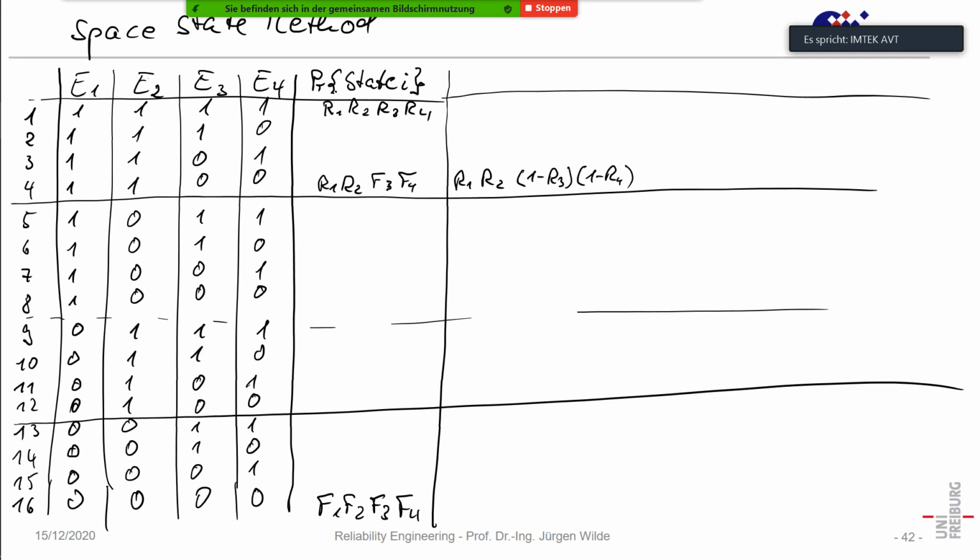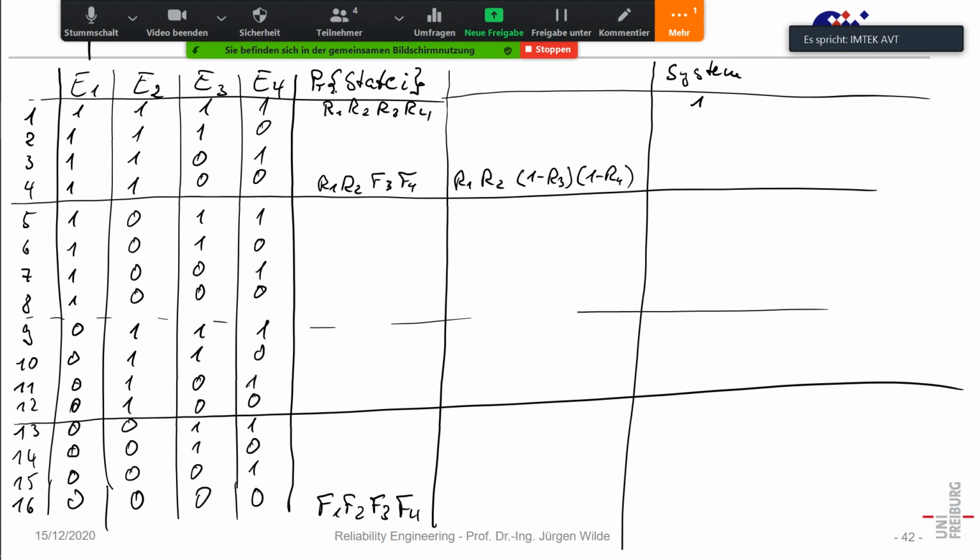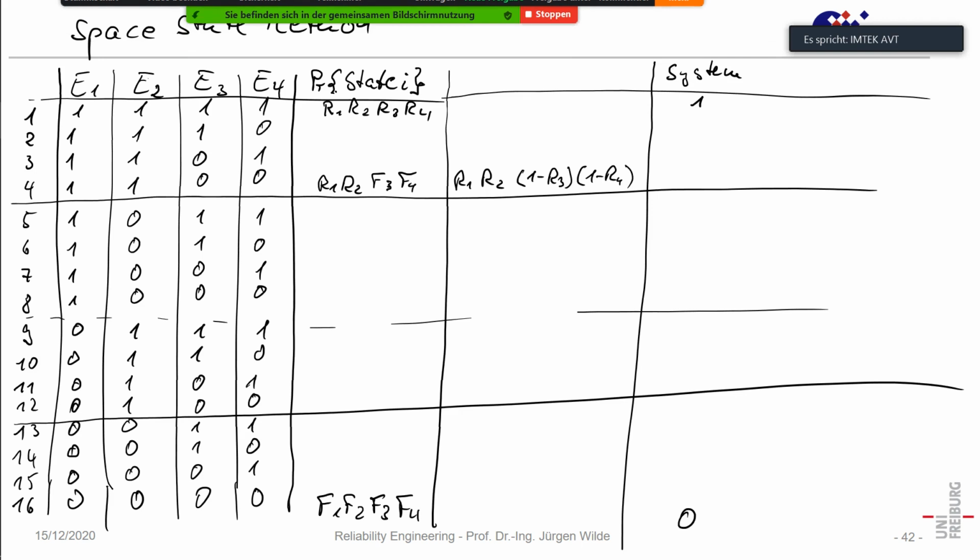Now the question, how do I get the system reliability? Here I must say, what is the state of the system? And the system state again can be described by 1 or 0. Of course, here that state is 0.